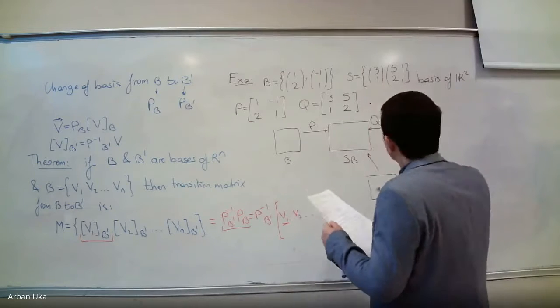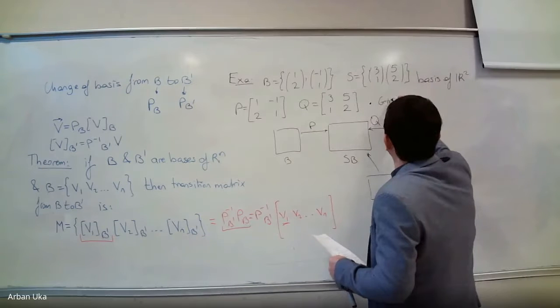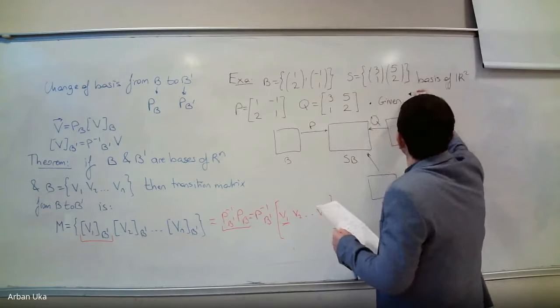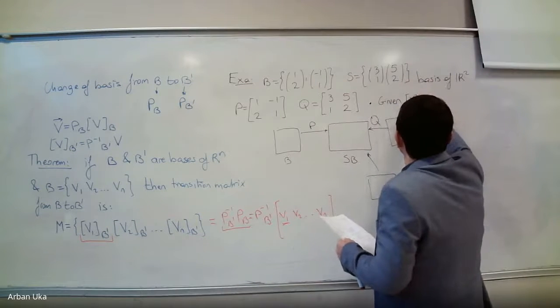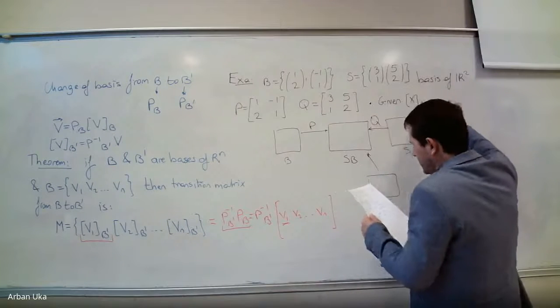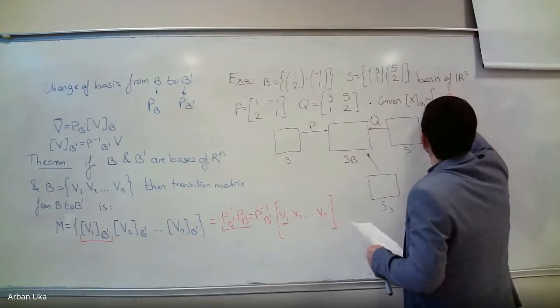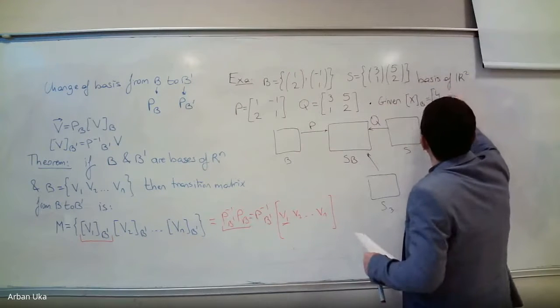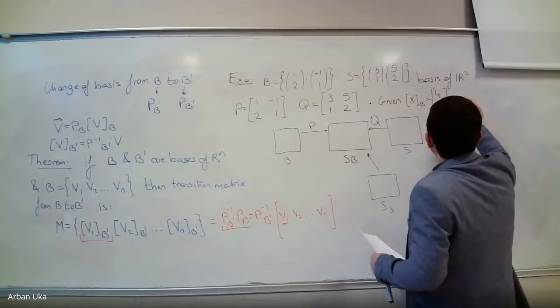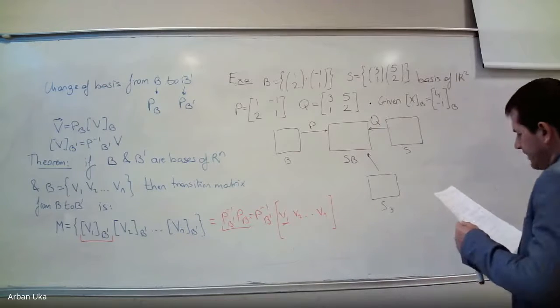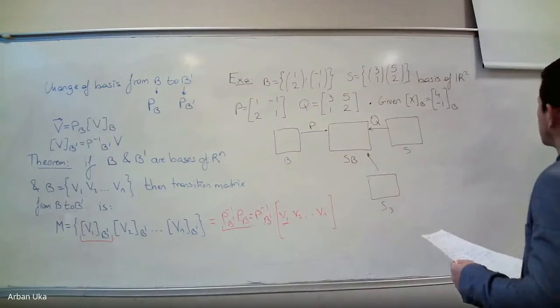Then, given some new information, which is x according to basis B, this is equal to (4, -1) according to basis B. What is xS?